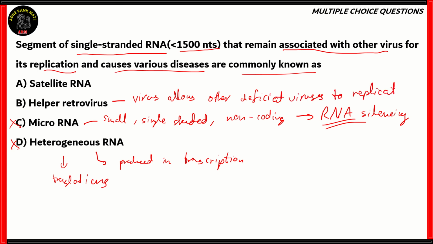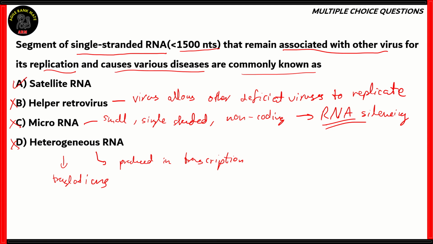So you have particular kinds of viruses which are a prerequisite for another kind of virus to propagate. For example, hepatitis B is a helper virus for the virus known as hepatitis D, and so on. So therefore option B is incorrect because the helper retrovirus does not attach to another virus in order to replicate itself. It is the agent that allows the other virus to get replicated. So option B is incorrect.